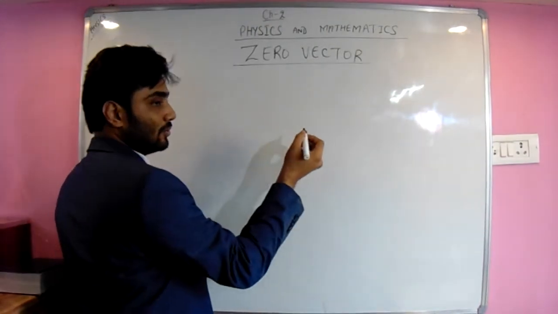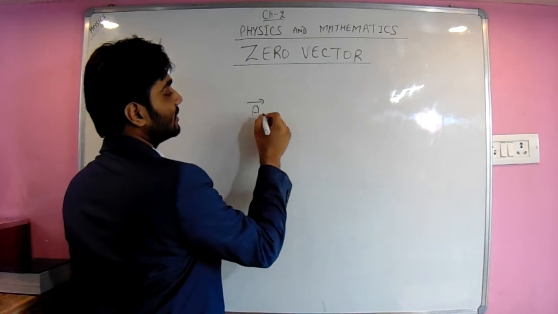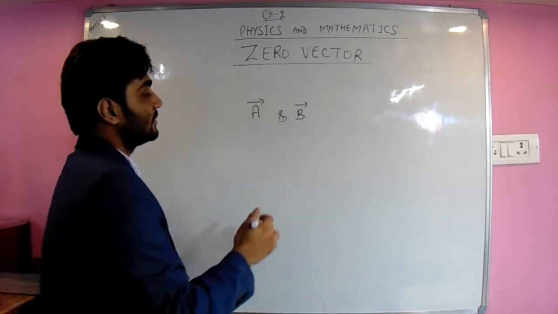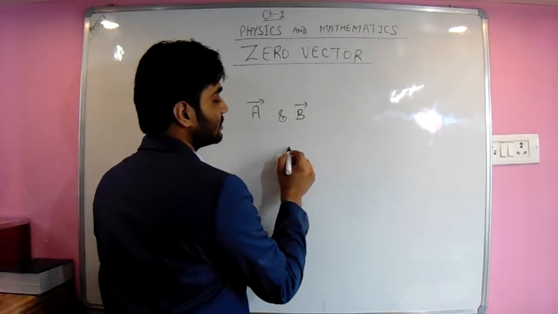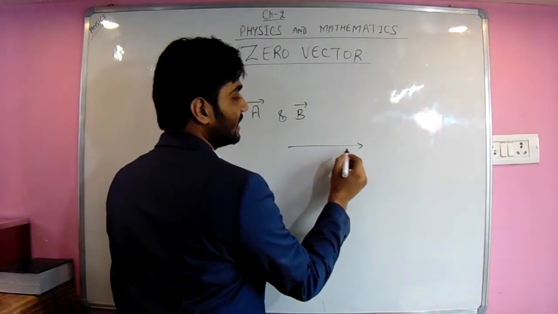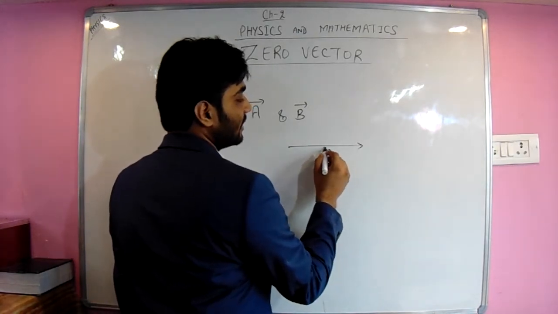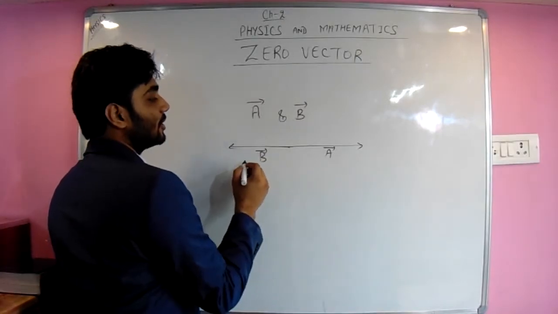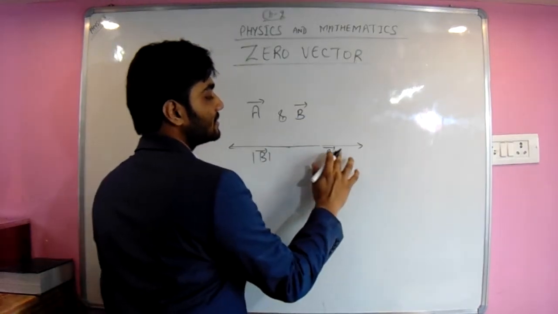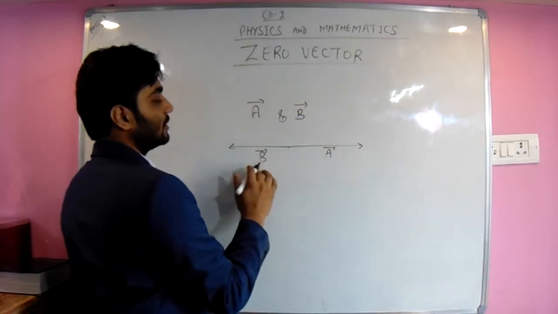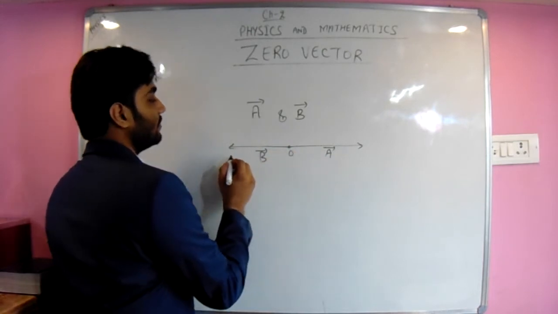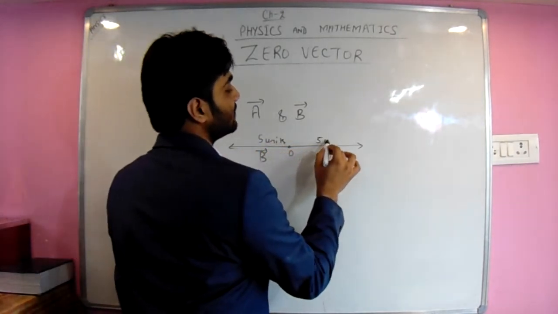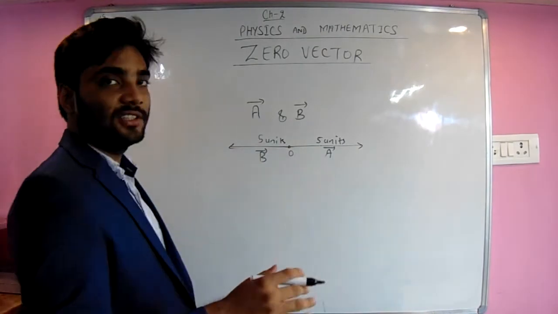Suppose two vectors, vector A and vector B, are added. If you add vectors, the vector tail is here and the vector head is here, and A vector is this, and B vector is here, on the opposite side but of the same magnitude, like this, with a magnitude of 5 units, and here it is also 5 units, but the direction is opposite.